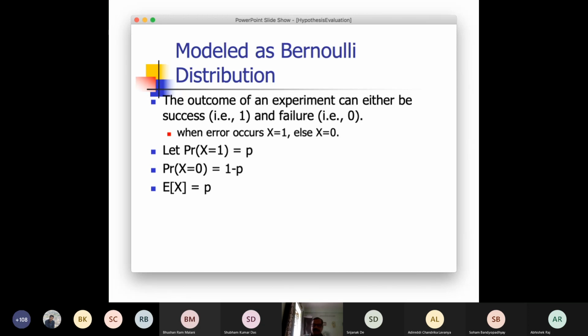So this is the expectation, and what should be the variance? p squared minus p. Pardon? p into 1 minus p. Yeah, p into 1 minus p. Again, the variance computation is the expectation of x squared minus the square of the expectation of x.